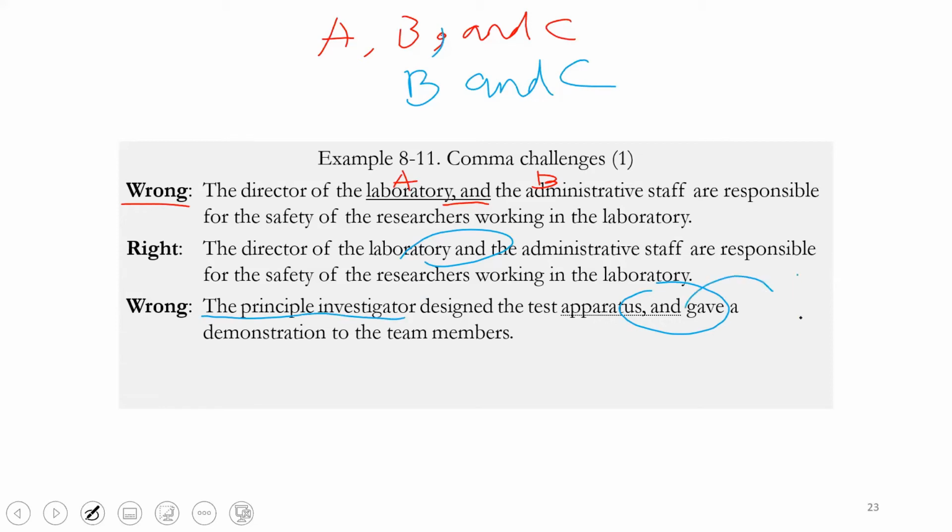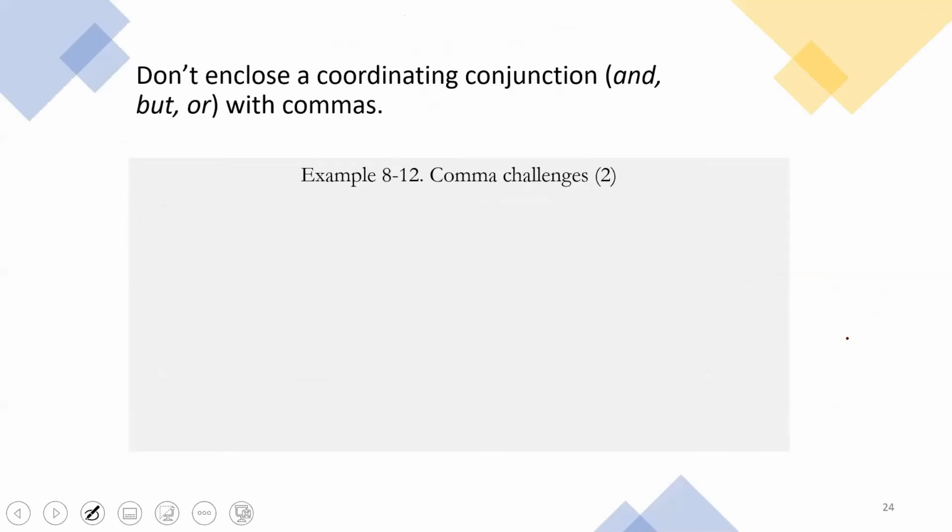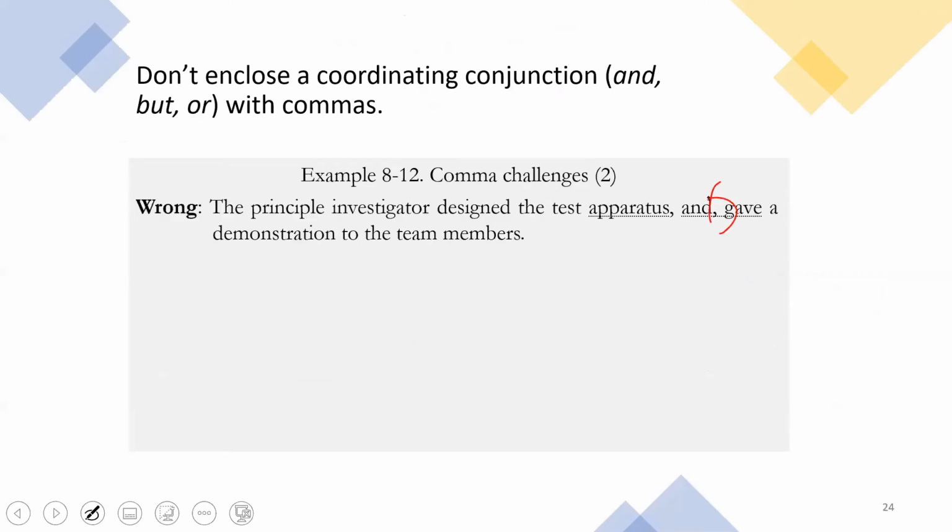Naturally, you missed this PI. To correct it, you simply say the PI and. Okay, and he gave a demonstration. It is also correct. If you add "he" here, this comma is needed. This is easy. This is wrong because you don't want to have another one.